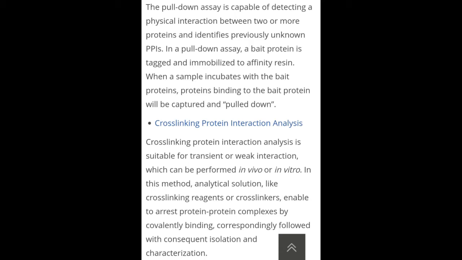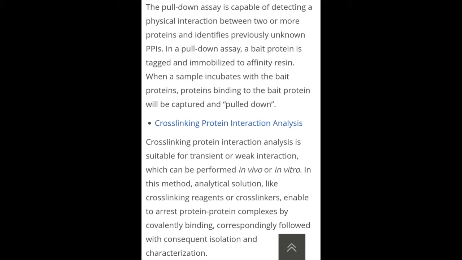When a sample of protein, that is your protein of interest, incubates with these bait proteins, the proteins binding to the bait protein will be captured and pulled down. Then these proteins are isolated and purified, and then analyzed.